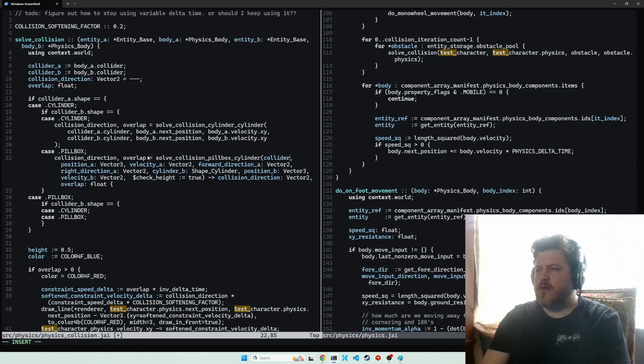pillbox, collider A dot pillbox, and then body A dot next position, and then body A velocity xy. Only using the 2D velocity because all the collisions are taking place in 2 dimensions to make it simpler.